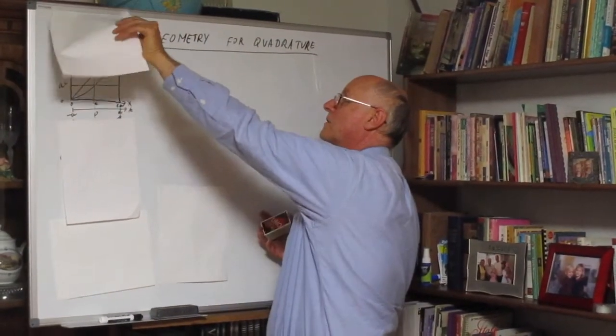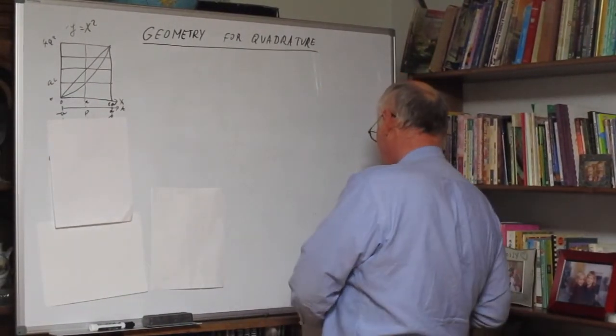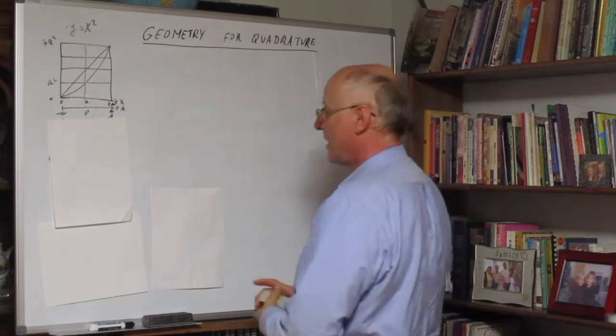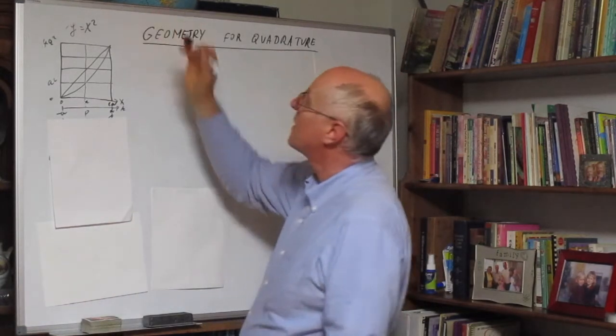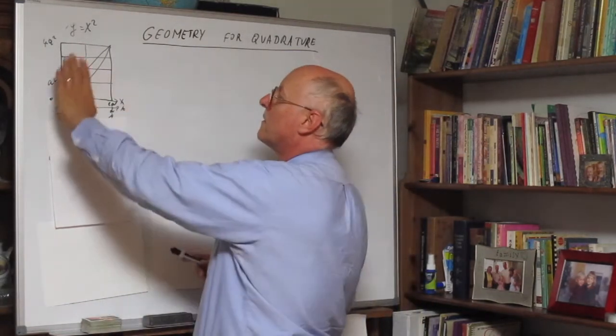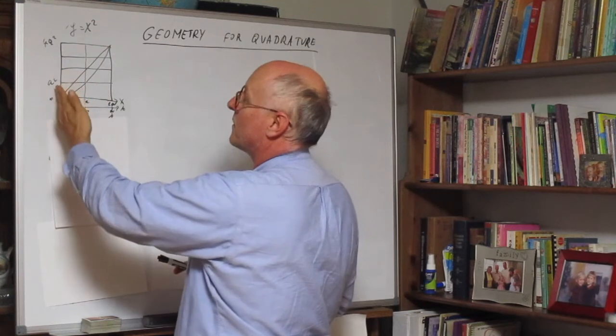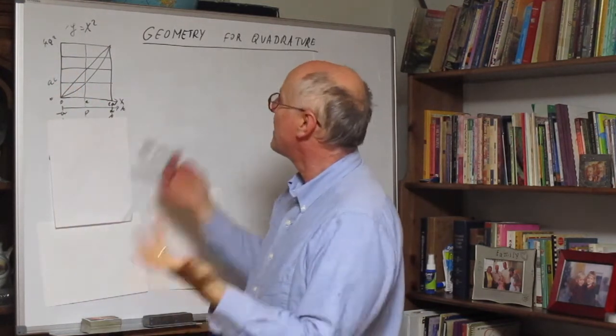So, let's look at this. Here's a curve y equals x squared. And you've seen this. Typically we plot it, and these are perpendicular at right angles. We normally plot it this way.